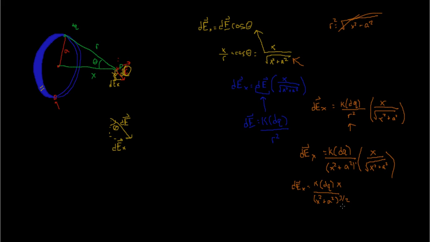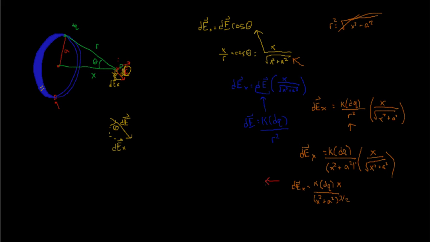Okay, now we just want E in the x direction. We just want the total electrical field vector in the x direction. So we need to integrate all of the dq's. So we need to integrate both sides of this equation to get just E in the x direction. And this is where the calculus comes in because you're dealing with infinitely small pieces.